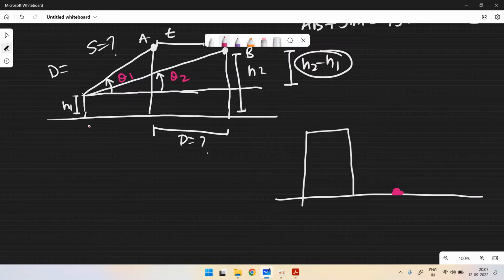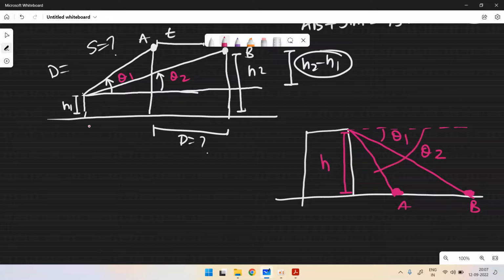It is running at some speed, and after some time it reaches here from A to B. It was earlier at point A, and next it moved to point B. But this time only one angle is given as theta 1, and this height is given to you. Now we need to find this angle theta 2. You may need to calculate this or this also.